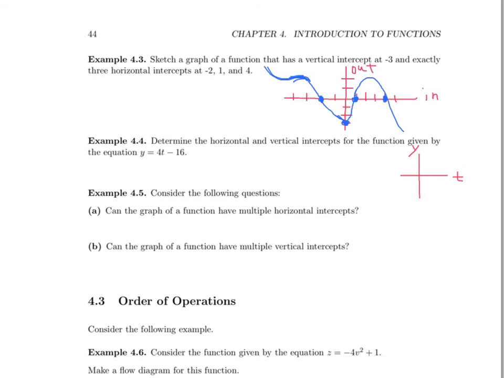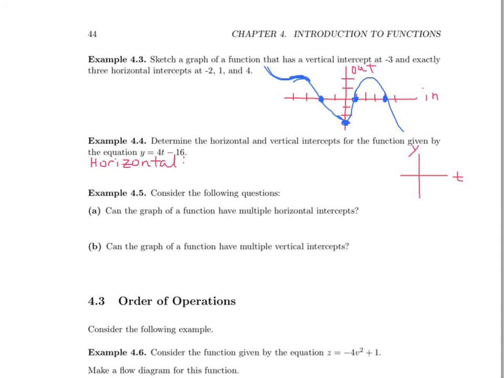So let's go ahead and begin by trying to calculate the horizontal intercepts of this function. From the previous page, we learned that to find the horizontal intercepts, you have to set the output equal to 0.